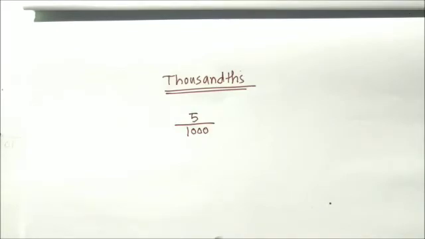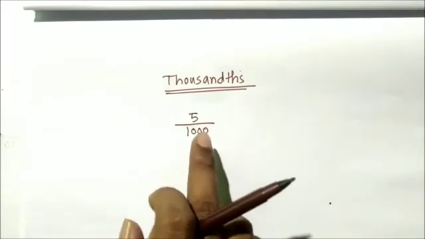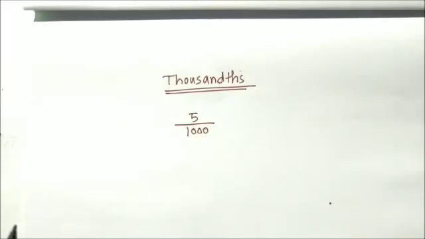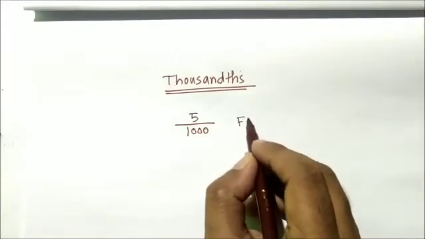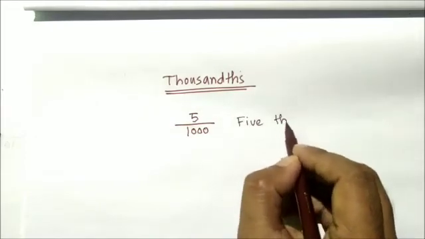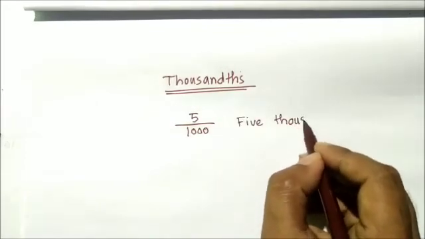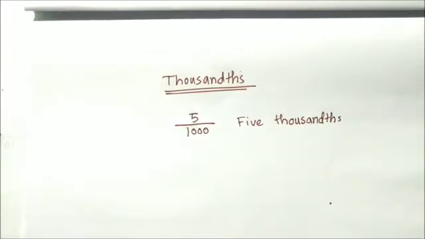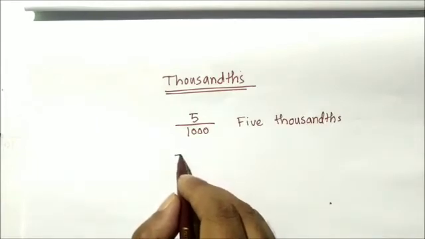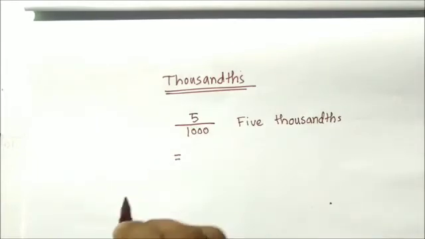So we can write it as a fraction, 5 out of 1000. Yes or no? And we will read it as 5 thousandths. Correct? And also we can use the decimal point to express this.